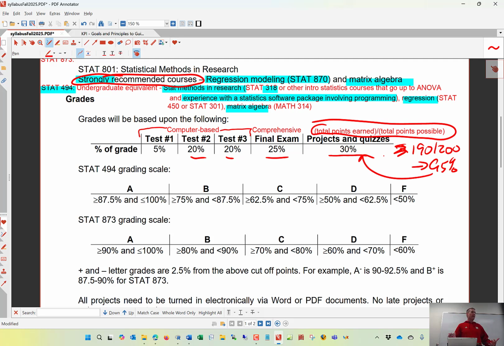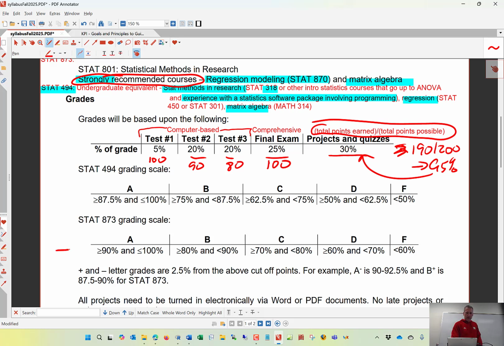And when I calculate final grades in the end, I simply look at your test 1 score. Let's say it's 100%. Test 2 is 90. Test 3 is 80. Sorry to go in a decreasing value there. Let's do 100% for our final exam. And what I do is I take 100 times 5% plus 90 times 20% plus 80 times 20% and keep on going. That's how I find your overall percentage grade.